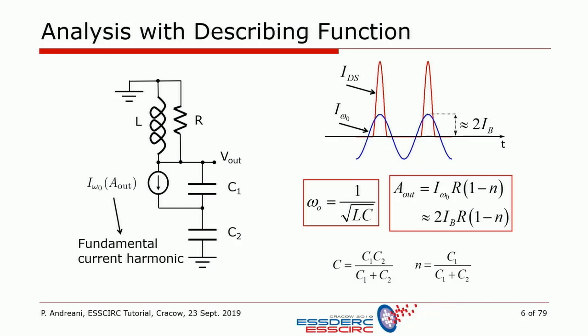Then we have a factor of 1 minus n, which we would like not to have there. n is the feedback factor that enables the positive feedback, given in the equation here. n is lower than 1 but not negligible, so the factor 1 minus n is definitely lower than 1, and this means that our way of implementing the negative resistance has a deleterious impact on the maximum amplitude of the oscillation that we can obtain.